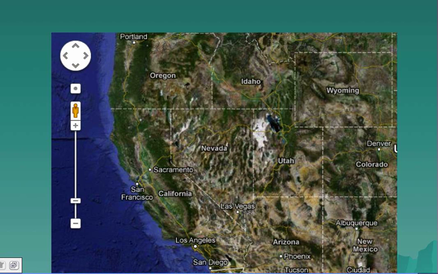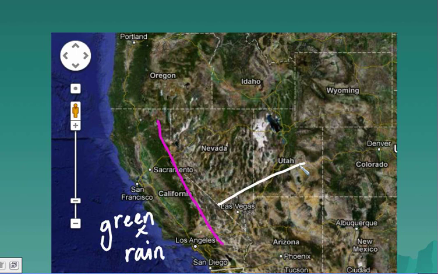Here is where our Sierra Nevada mountains are, right along the border of California and Nevada. Now we can see over here on this side, we end up with a lot of green. In order to get a lot of that green, of course, we're going to have a lot of precipitation or rain. On this side of the mountain, we can see there's quite a different cover.